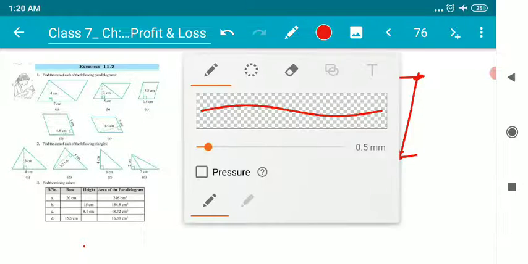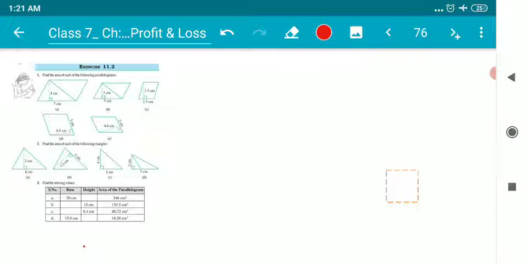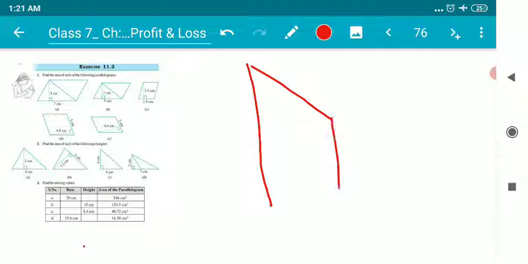Suppose the shape of a parallelogram is like this. You might be thinking, sir, how to find it in this situation? In that situation, children, this line segment can be considered as the base if the perpendicular has fallen in this way. Suppose this angle forms 90 degree.